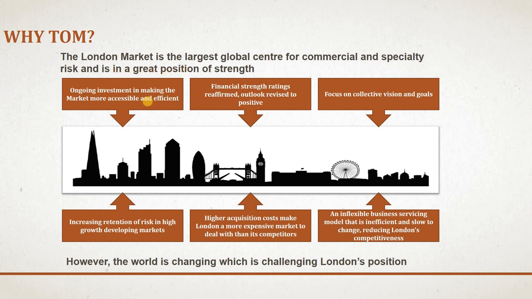Why? Because of ongoing investment in making the market more accessible and effective. They have a great financial rating supporting their position in the global insurance and reinsurance market, and they have a collective focus and vision to stay on top always.